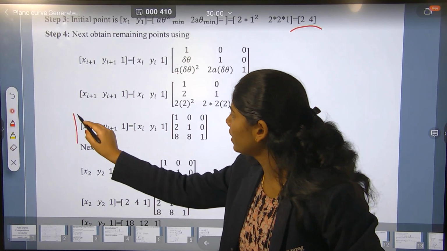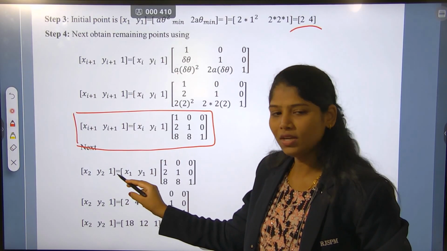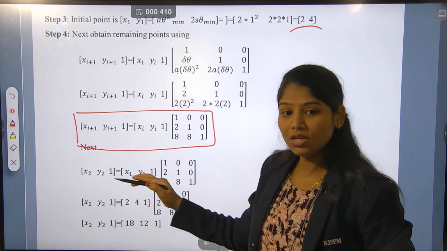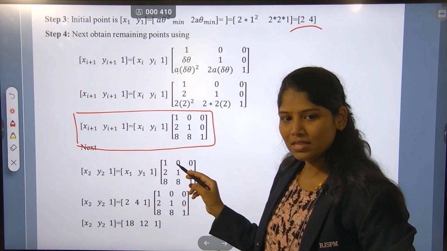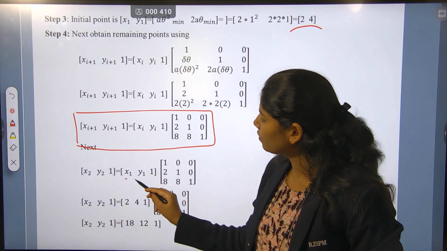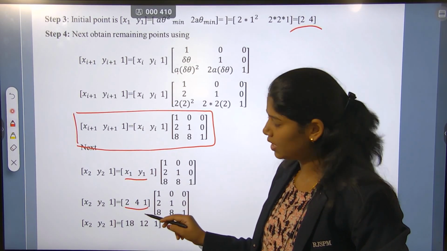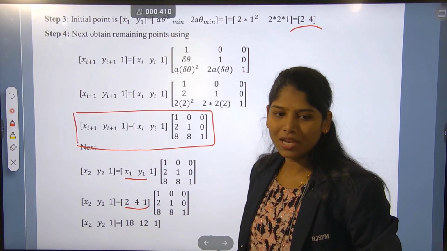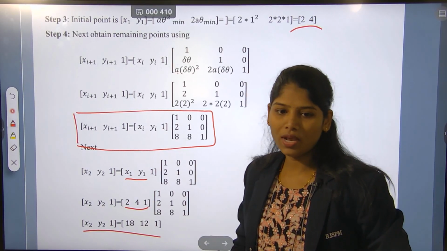After getting this matrix, find out the remaining points: x2, y2, 1 equals its previous point, x1, y1, 1, into this matrix as it is. Put the values of x1 and y1 here, write down this matrix as it is and just do the matrix multiplication. We get our second point 18, 12, 1.